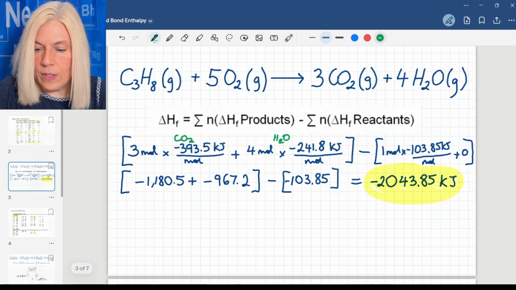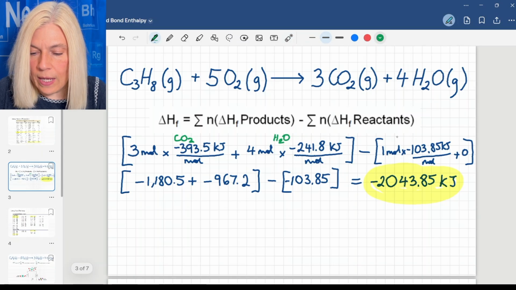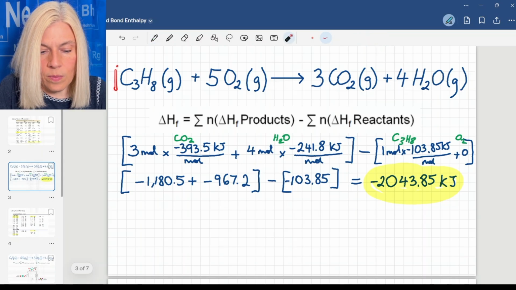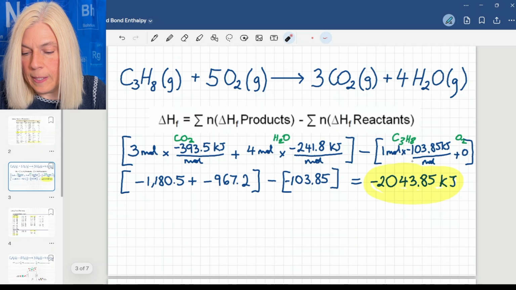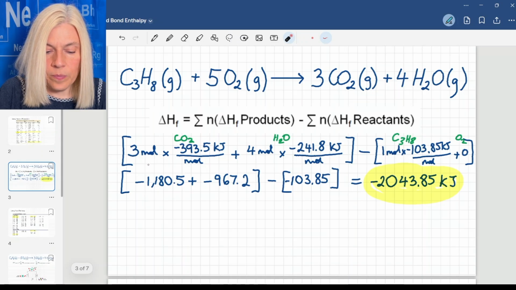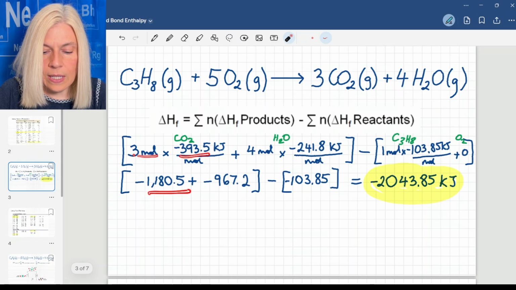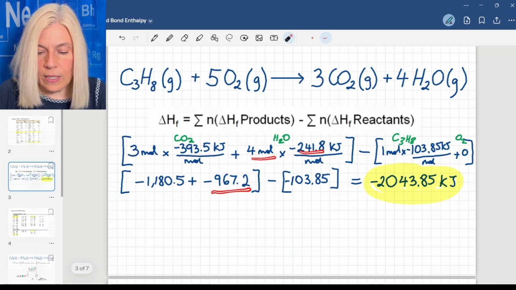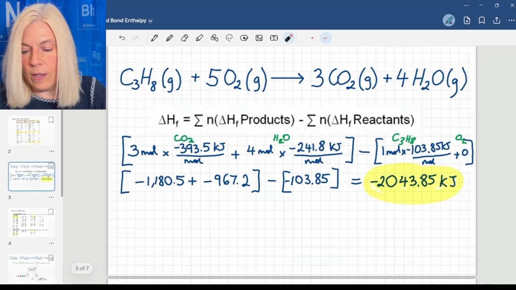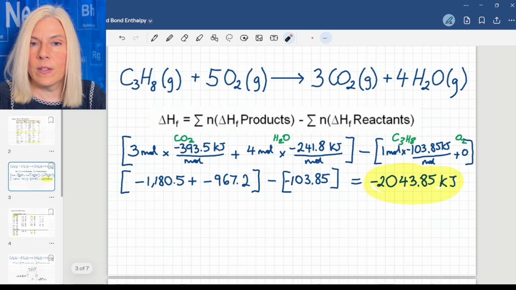Then I have minus, what are my reactants? Propane, C3H8, and O2, oxygen. Propane is 1 mole, here is my 1 mole of propane with the number from the table, and oxygen is 0, remember. So I plug the numbers in, 3 times 393, 4 times 241, and I get negative 2043.85 kilojoules.